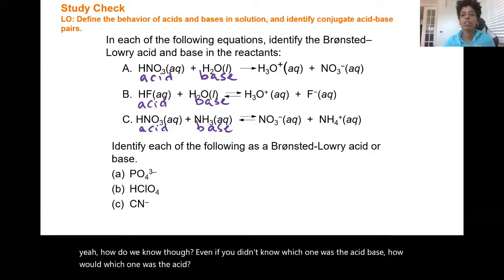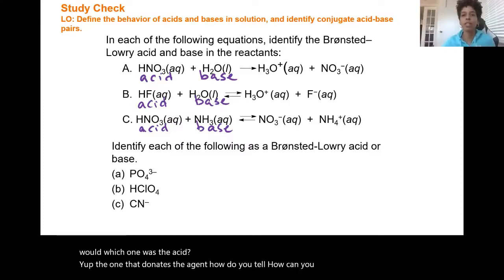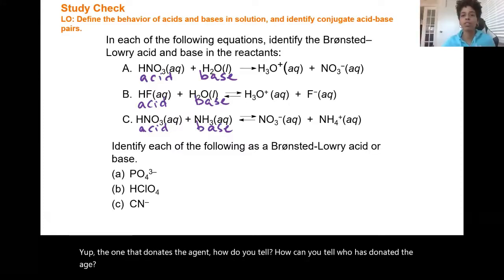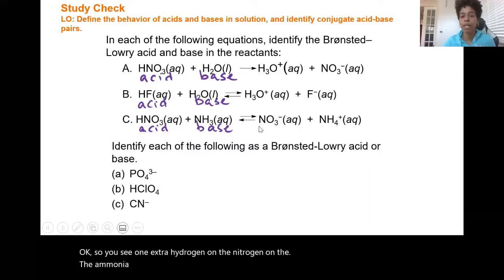The one that donates the H. Yep. And how can you tell who has donated the H? You see one extra hydrogen on the ammonia, which becomes ammonium, and then we end up with the NO3 minus. So you have to look at your products to determine what has happened.